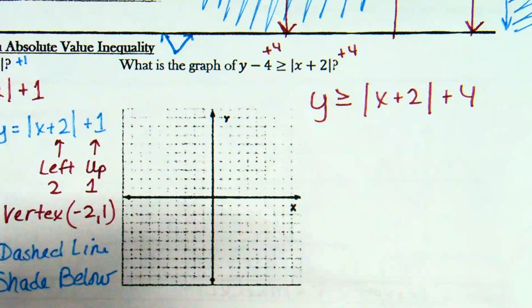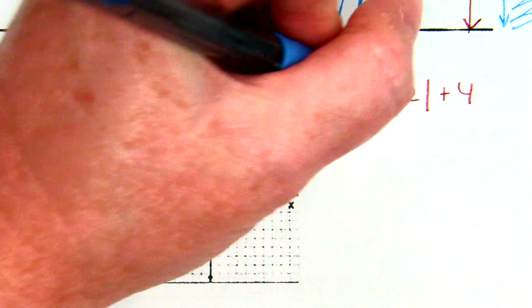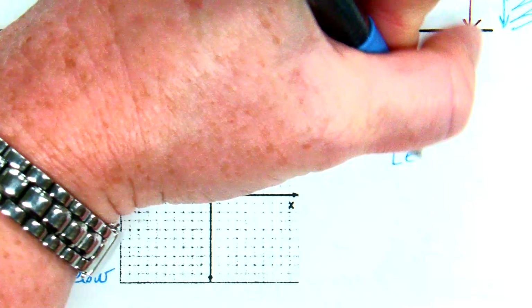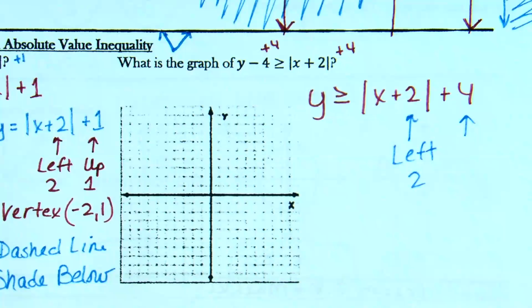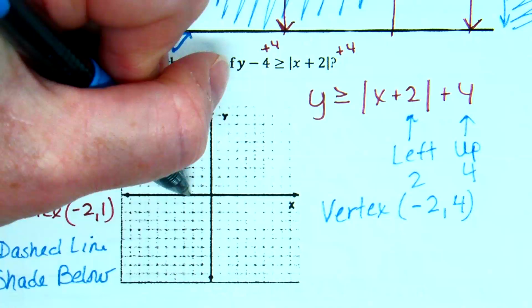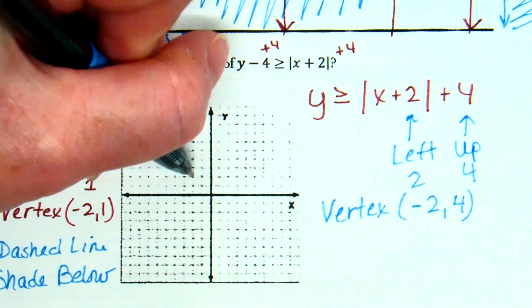Plus 2 inside the absolute value is left or right, opposite the sign, so left 2. The 4 at the end is up 4. So officially my vertex will be -2, 4, because I'm moving left 2, up 4.